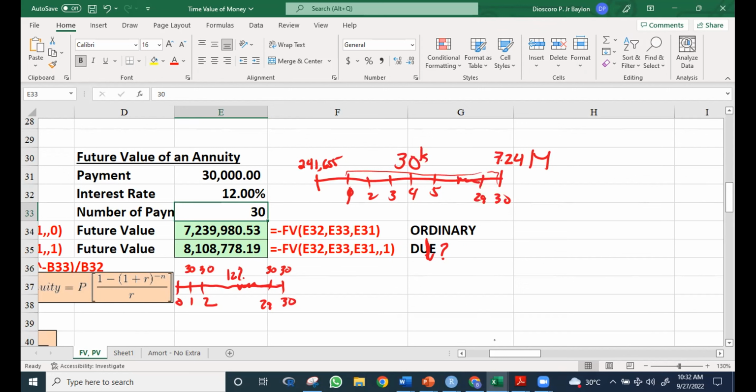You have three cash flows here. This is the present value, this is 30K, and this is 7.24 million. Take note that they're all equivalent cash values.